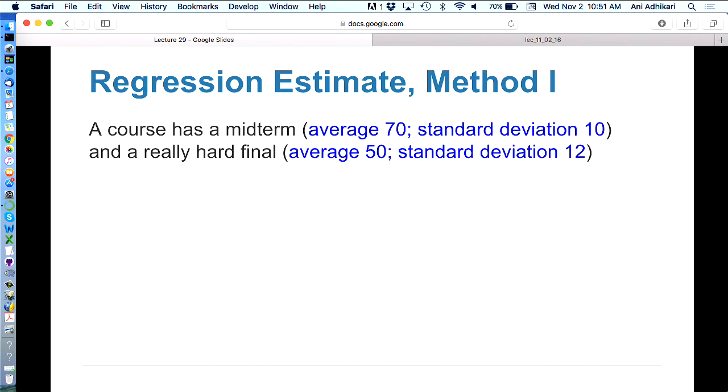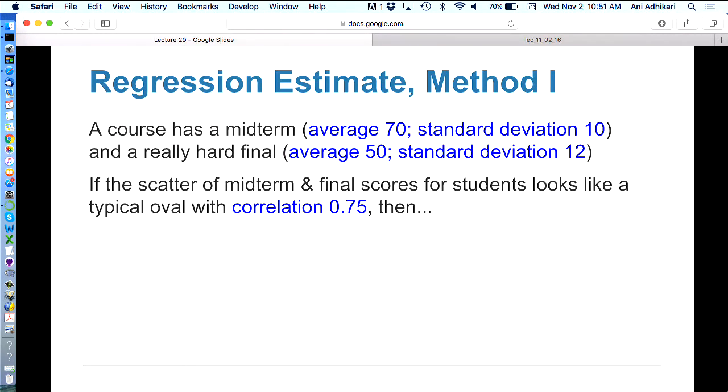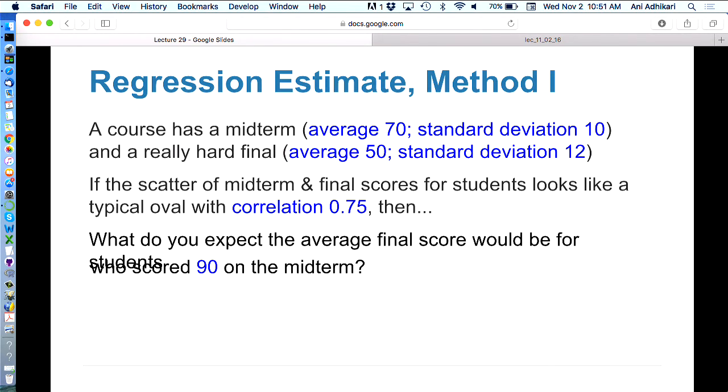Let me have you do a little estimate. We've got a class with a midterm and final, and the two scales are different. This is John DeNero's example, and you've got a football-shaped scatter diagram and a correlation of 0.75. What do you expect the average final score would be for students who scored 90 on the midterm? You've got all the data you need, and you've just seen that your prediction in standard units is r times whatever you're given in standard units.